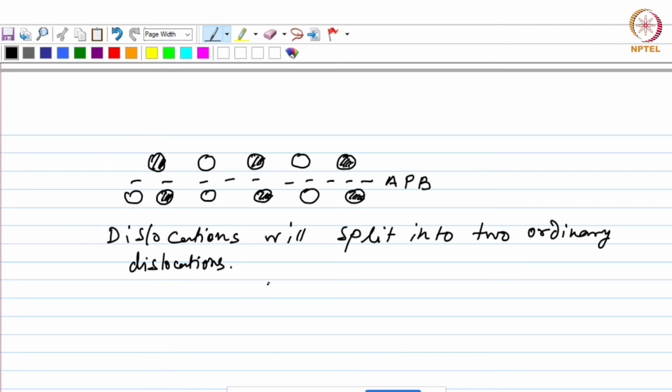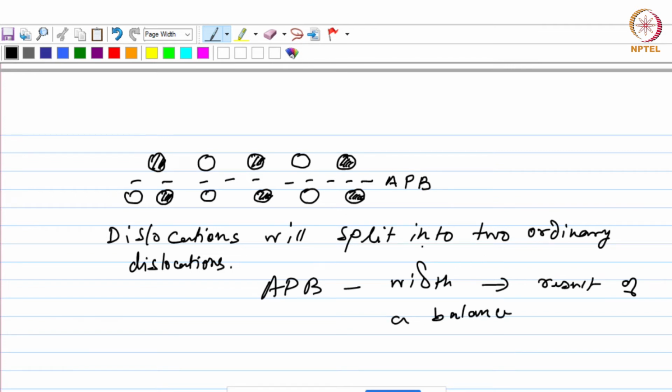And this APB will now have a particular width, which is a result of a balance between the repulsion between these two dislocations.